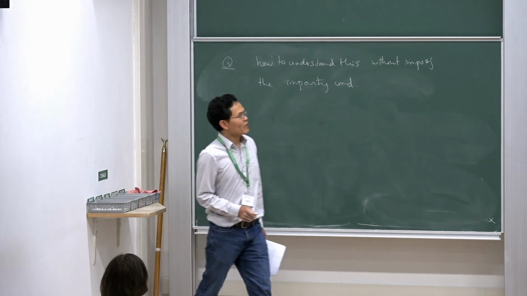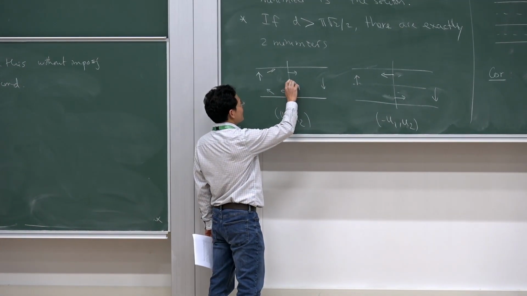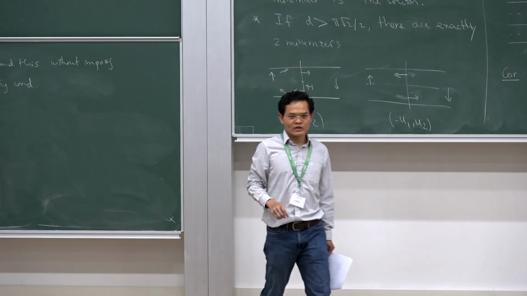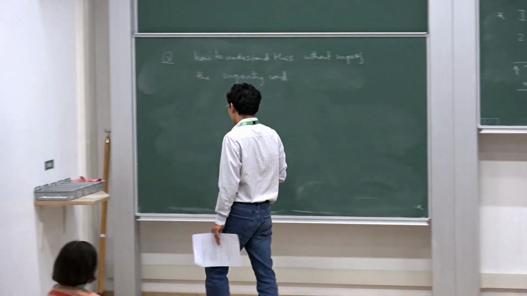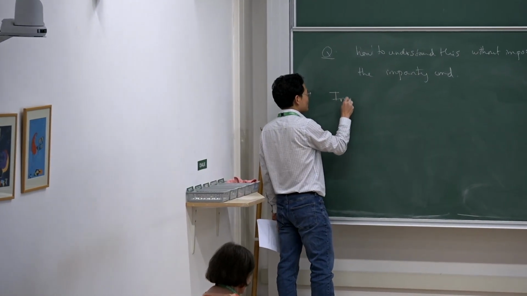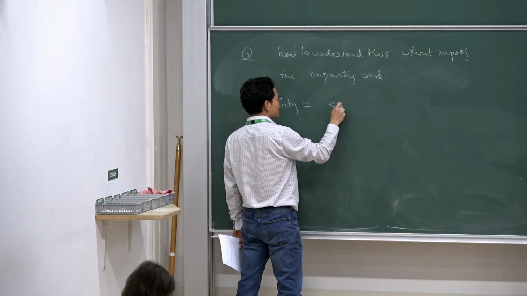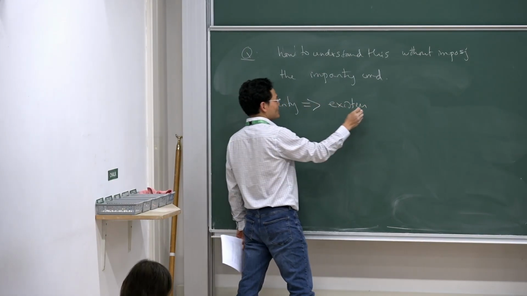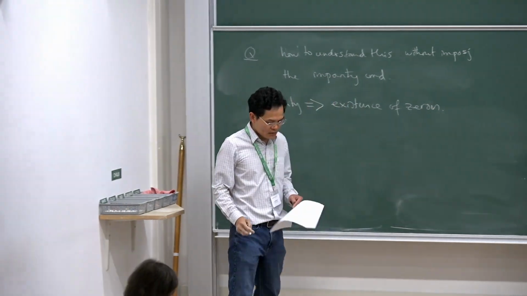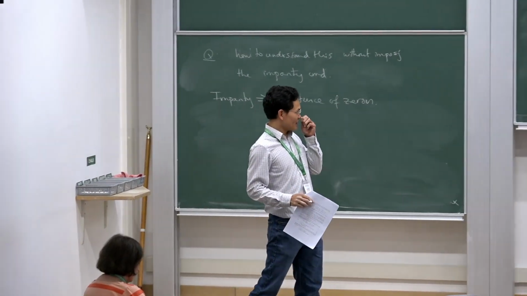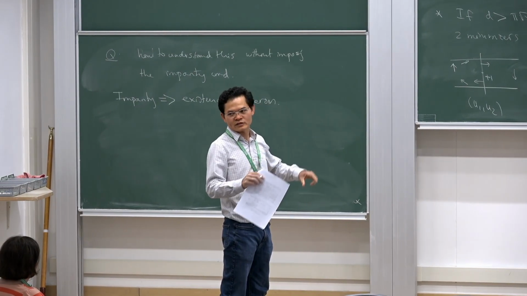You can think of imparity, because of the even and oddness assumption, as forcing a number of zeros somewhere. So imparity is just a way of forcing a zero to come up, or implies the existence of a zero. In the context of these things, there's another way to force the appearance of a zero: a topological degree.